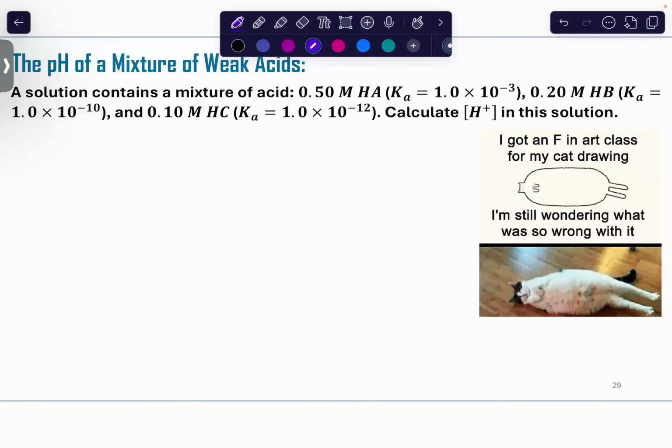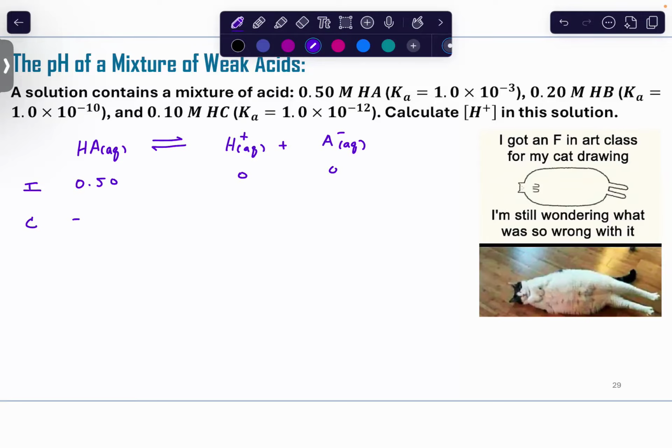So our dissociation, okay, my initial values 0.5, 0 and 0.